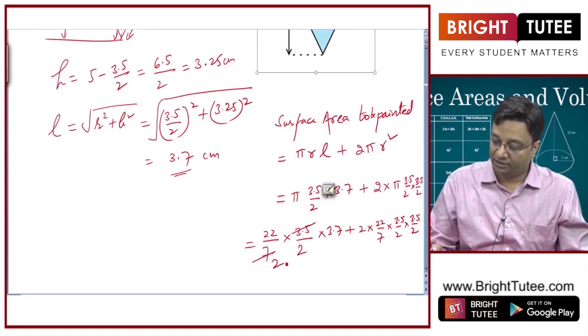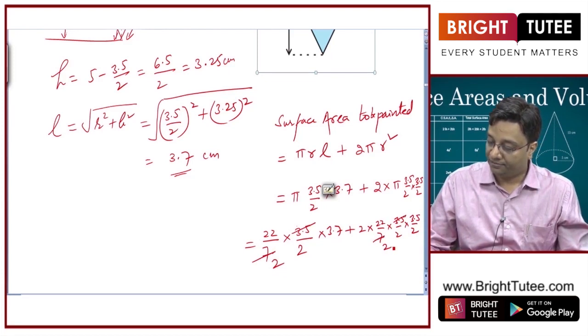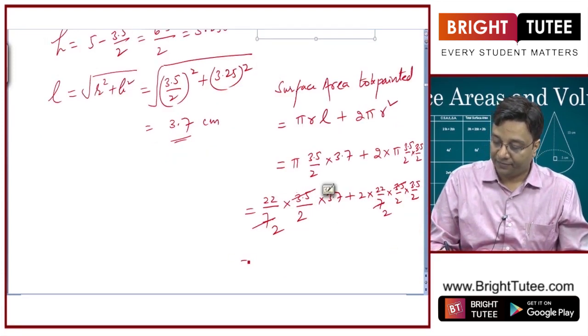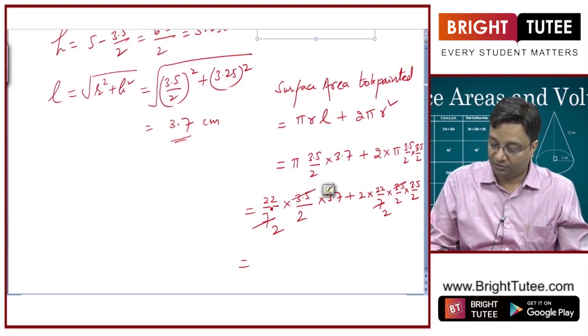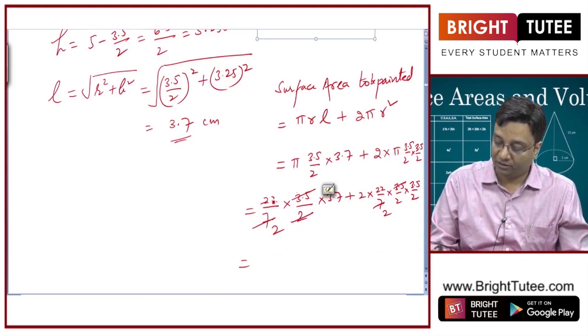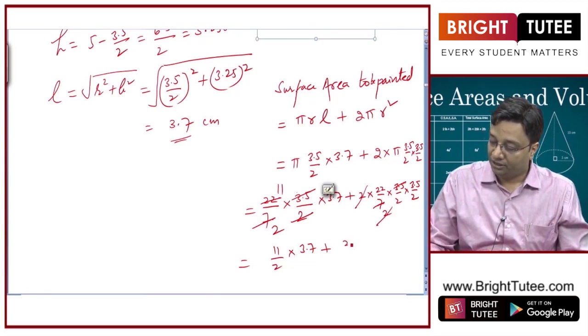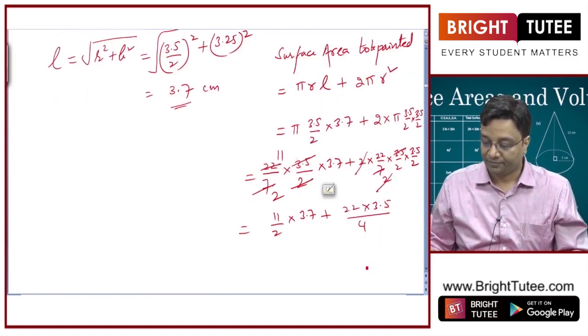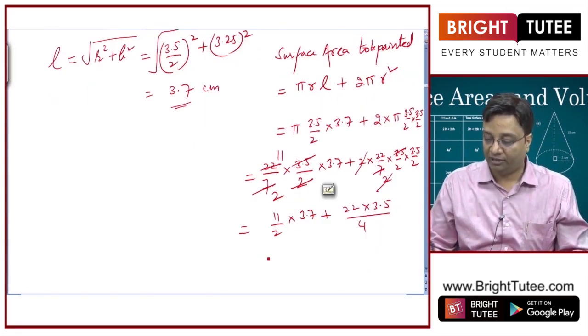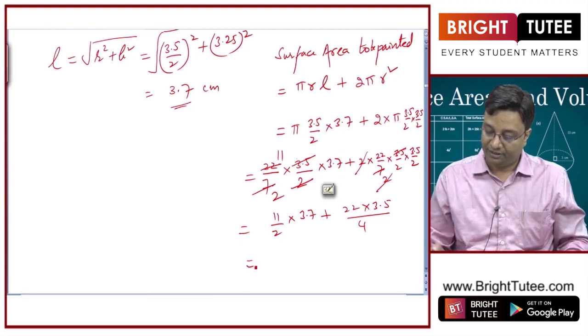So this 2 will get cancelled, this will also give you 11. So 11 by 2 into 3.7 plus the 2 will get cancelled, 22 into 3.5 by 4, right. So only the calculation part is left, right.